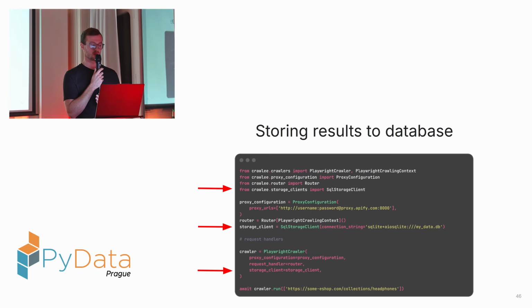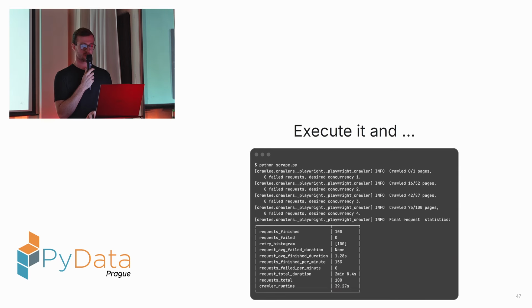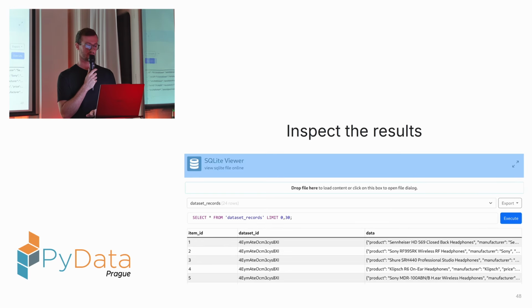We're going to use SQL storage client, create a new instance of it with the URI to our database, SQLite in this example for simplicity, and pass it to the crawler. Then let's execute it. We can see that everything works. And if we inspect the results, we can see that they are in our database.